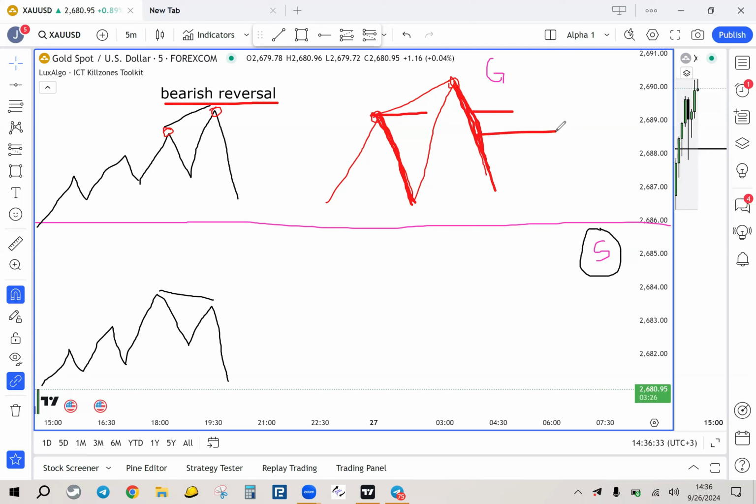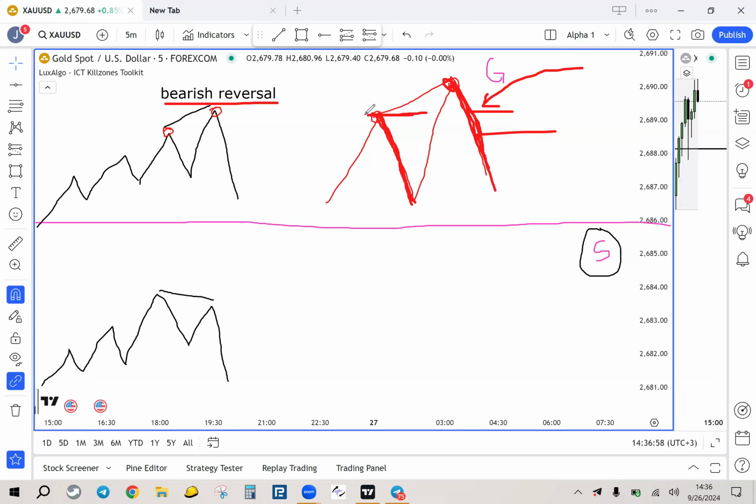So if we're looking at a reversal divergence, in order for it to be logical, in order for it to make sense, we always want the fair value gap to be located on the second leg, or if you want, after the liquidity was swept by gold.